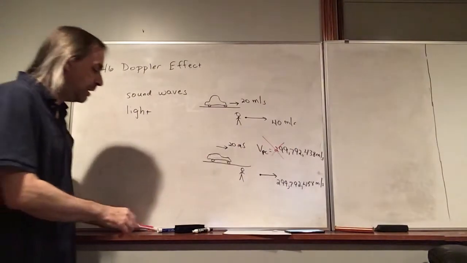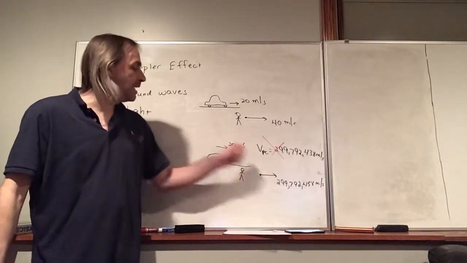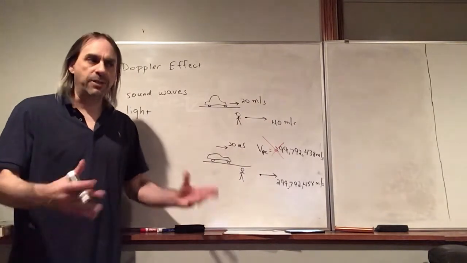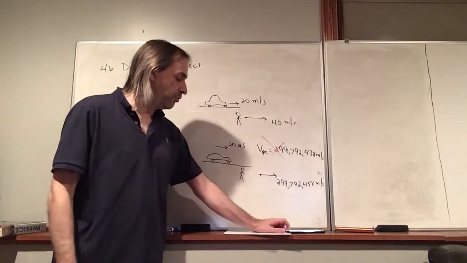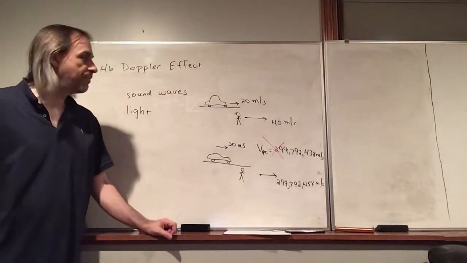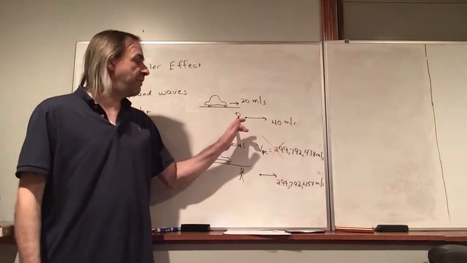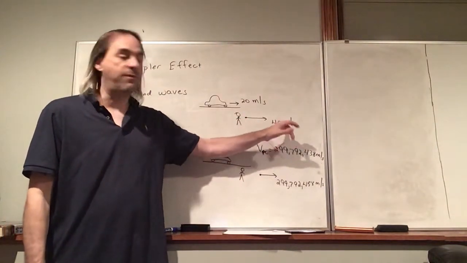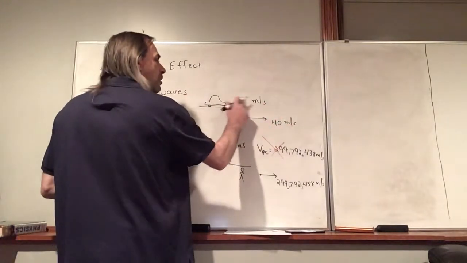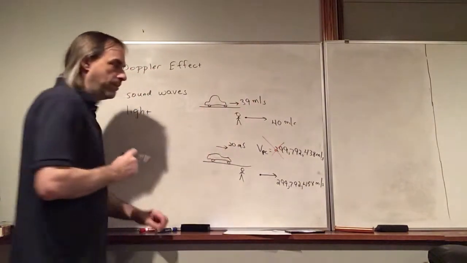The photon is moving away from the person at this speed. It's moving away from the car at the exact same speed. And that is very, very unusual. It's very strange and difficult to wrap your mind around. It'd be like you throw a rock and it's moving 40 meters per second away from the person, and here's this car. Let's actually make it even stranger. Let's say the car is going 39 meters per second.